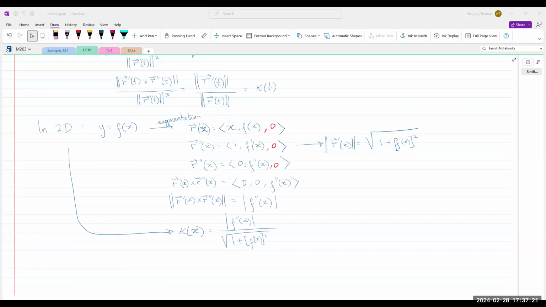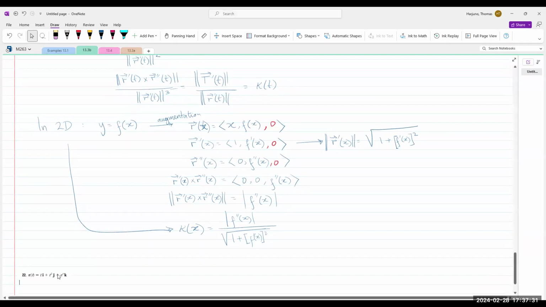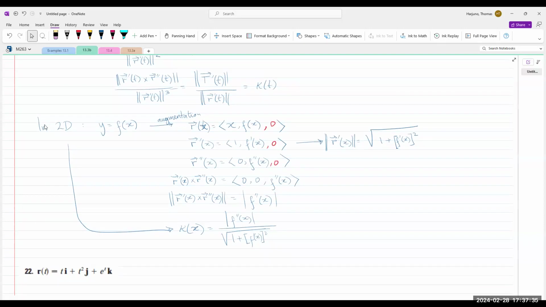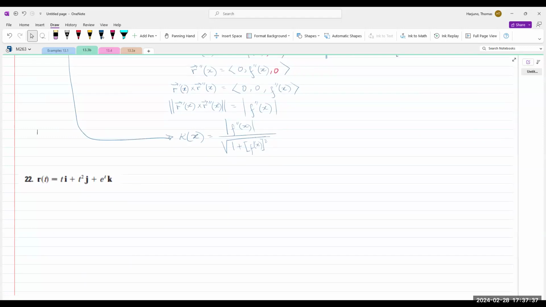I picked a question earlier. So let's say I use this one here. Number 22 from our textbook. We want to find the curvature at time t.